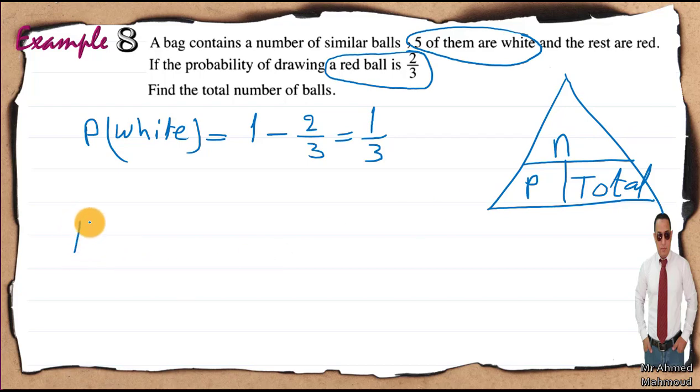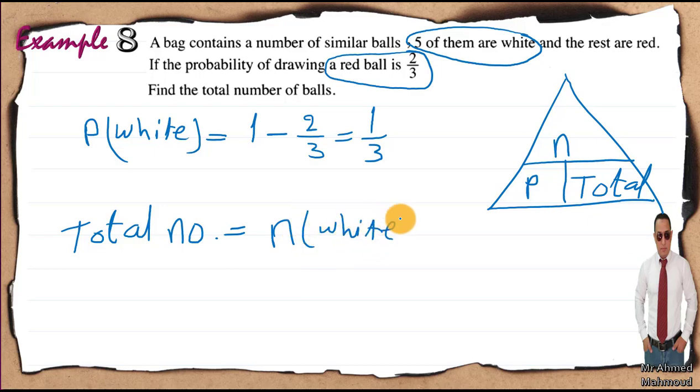So the total number equal number of white divided by the probability equals 5 divided by 1 over 3 equals 15.